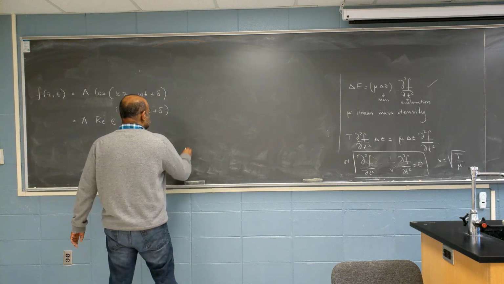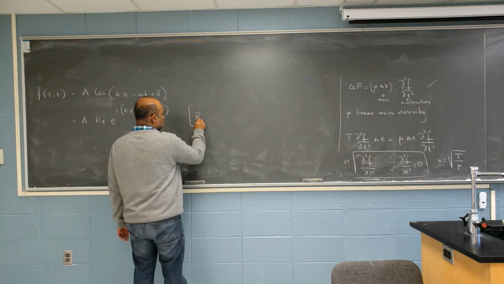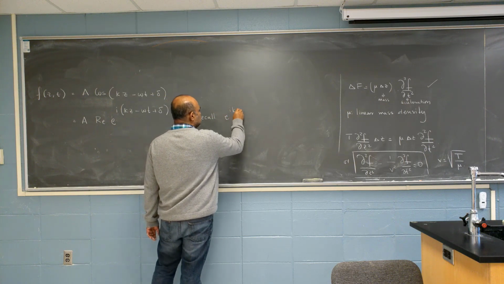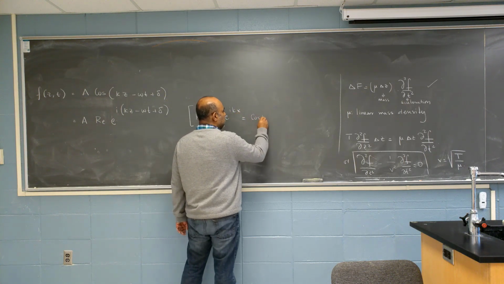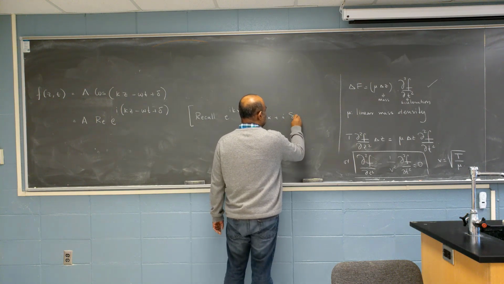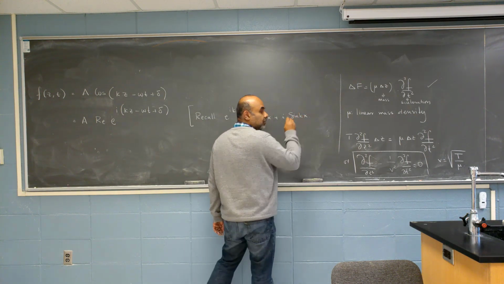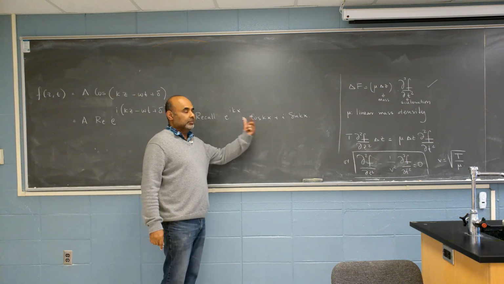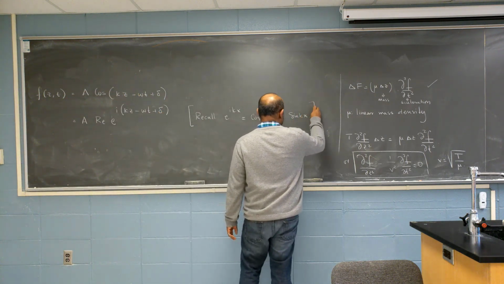So where did this come from? e to the ikx equals cosine kx plus i sine kx, and the real part is just cosine. That's where this came from.